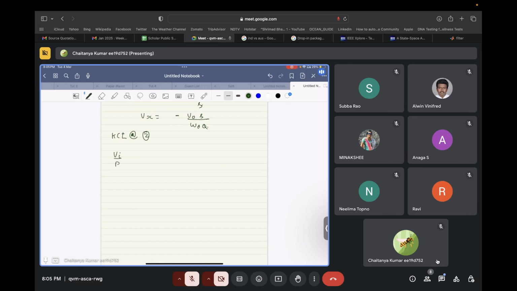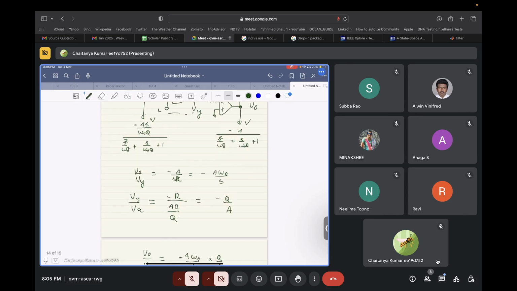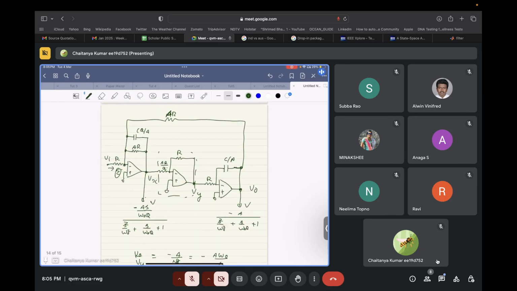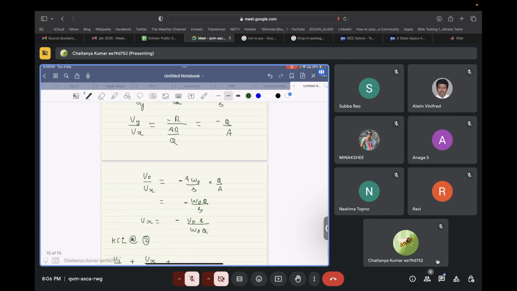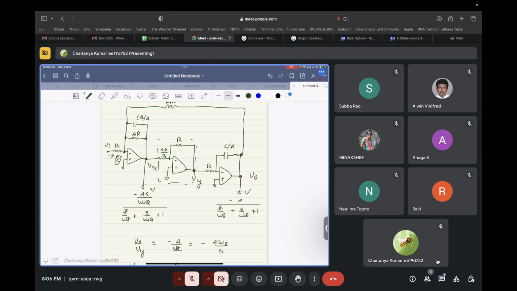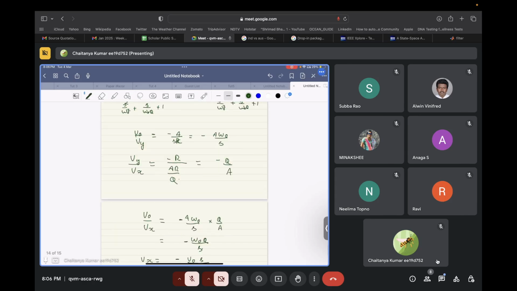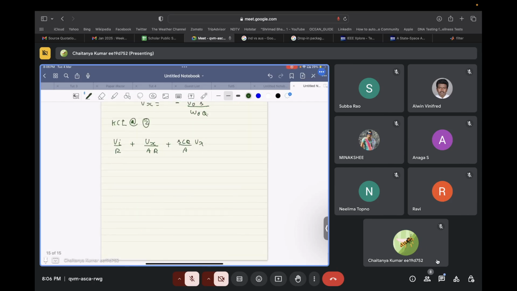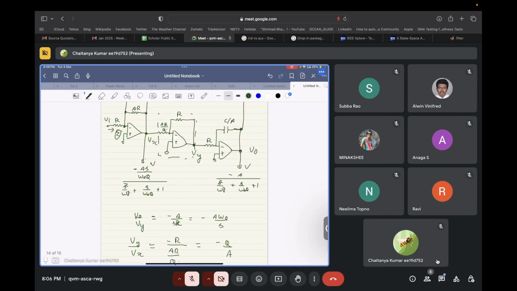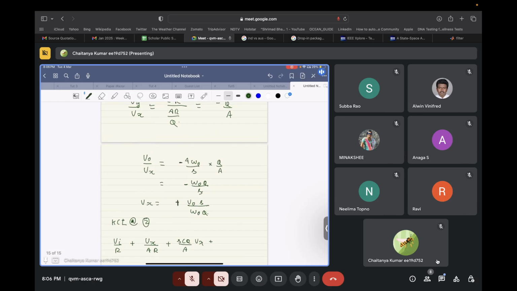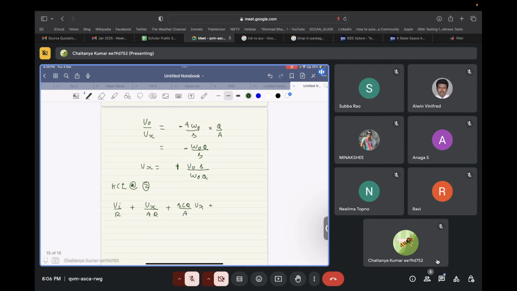So we have Vi by R plus Vx by AR plus SCQ by A times Vx plus V naught by AR. Okay, there are two negatives. This will become plus actually, plus V naught by AR. This is equal to 0.